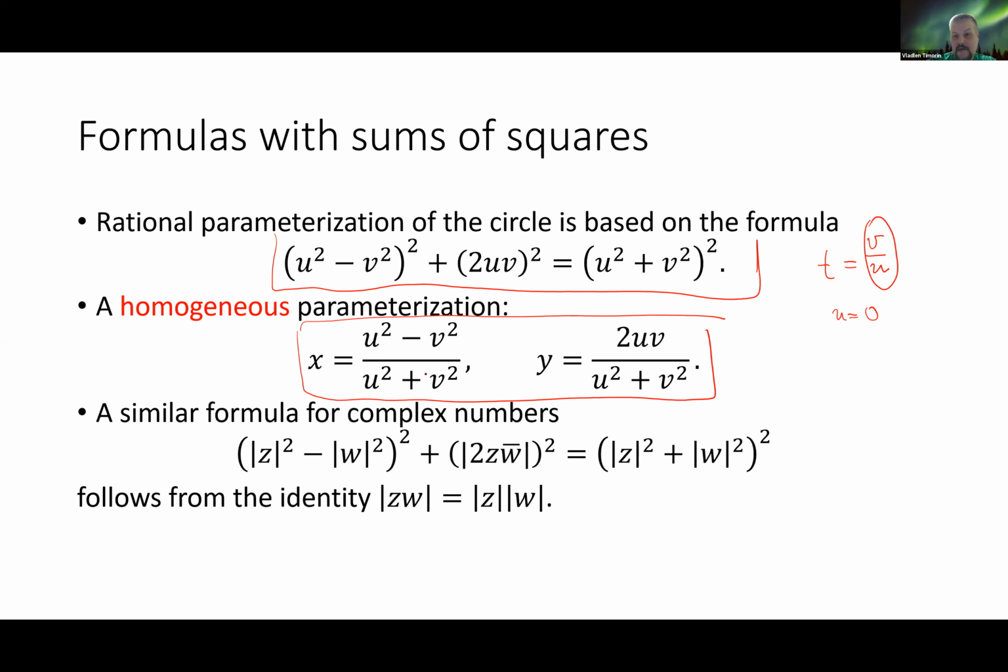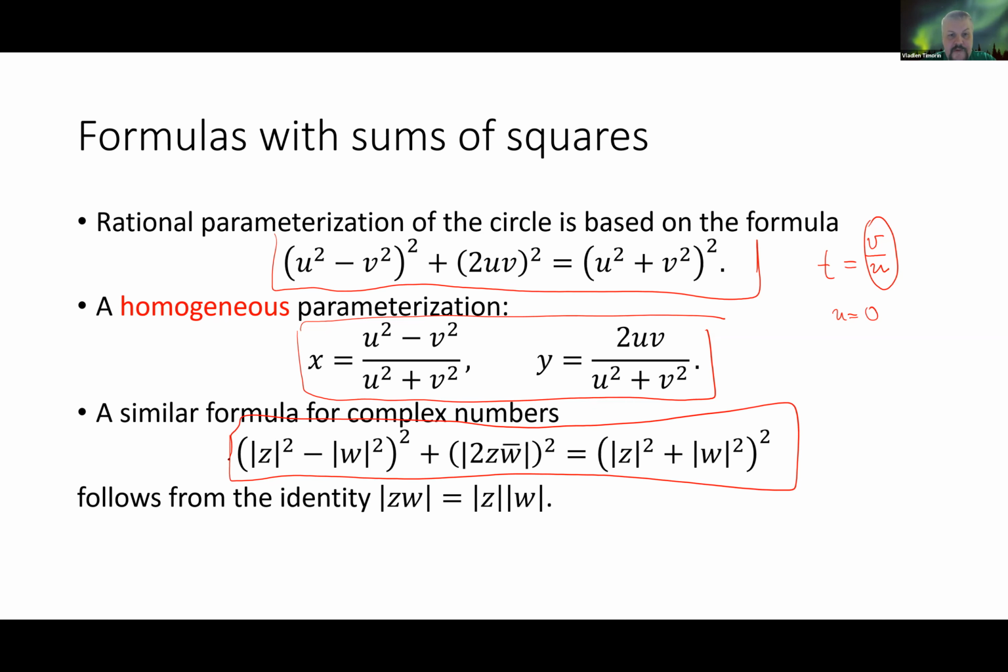So now I want to use a similar formula for complex numbers. So far u and v were reals, and now I want to use this formula for complex numbers, which holds for the same reason.